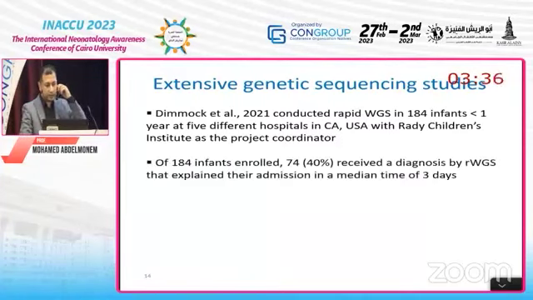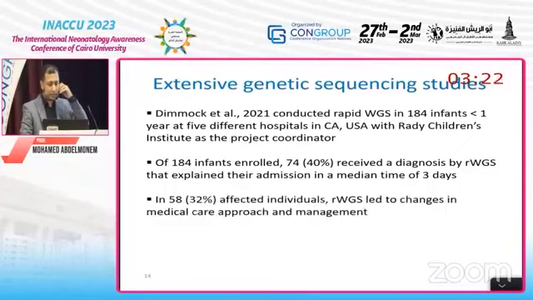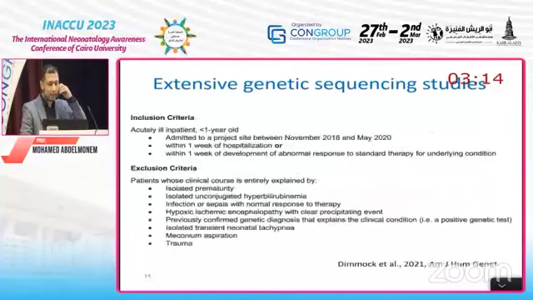Of the 184 infants, about 40% received a diagnosis that explained their admission in a median time of 3 days. They accelerated the time frame of their analysis, which is, again, a lot of effort to do. And in 58 individuals, 32%, rapid whole genome led to changes in medical care approach and management.